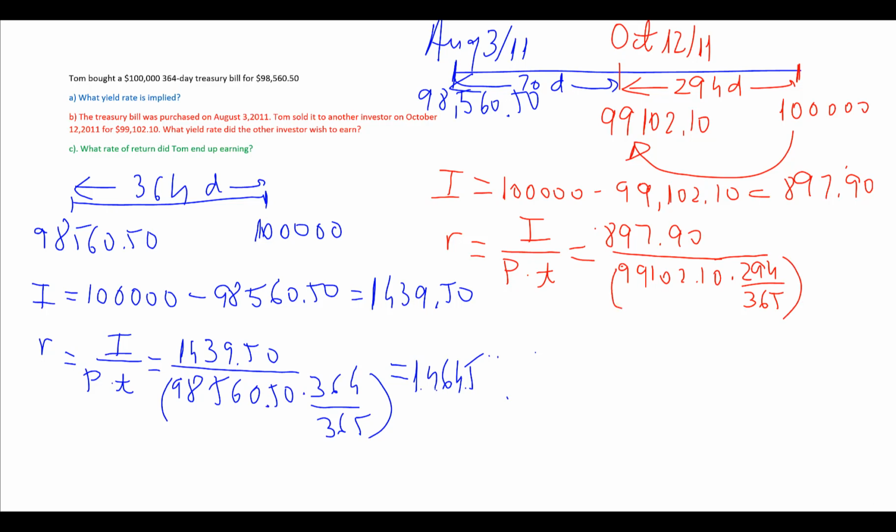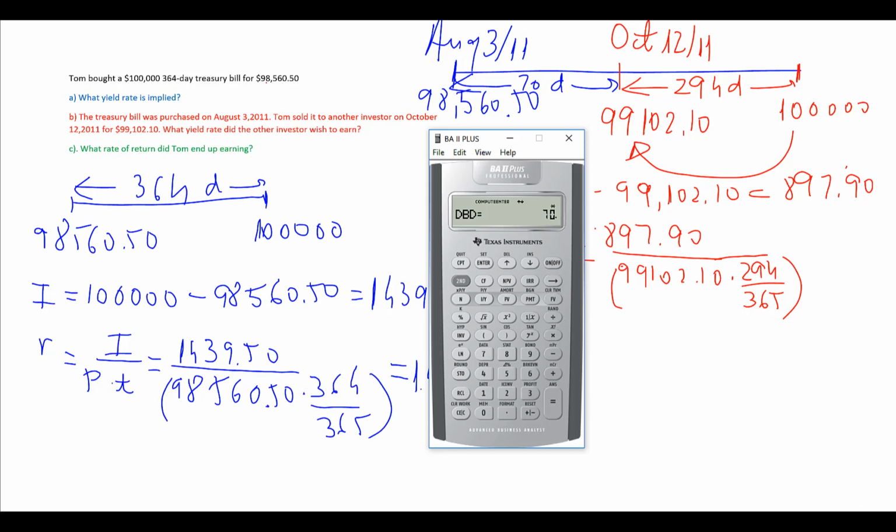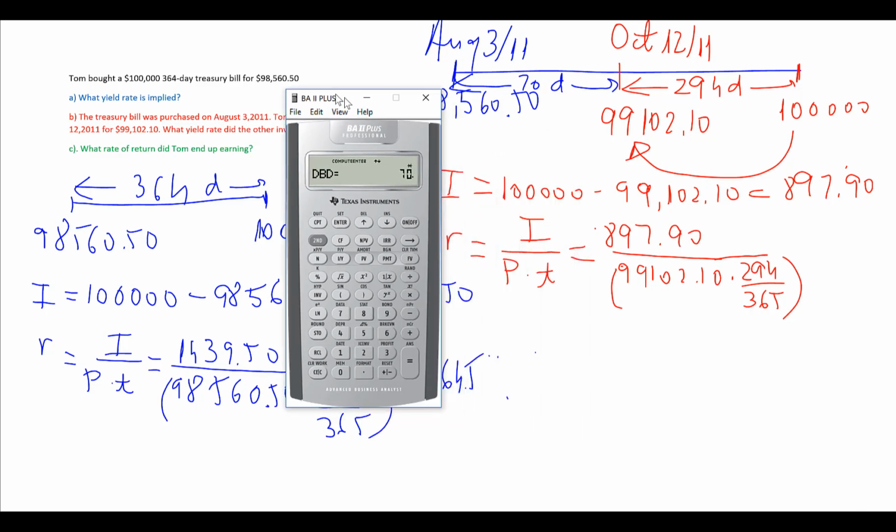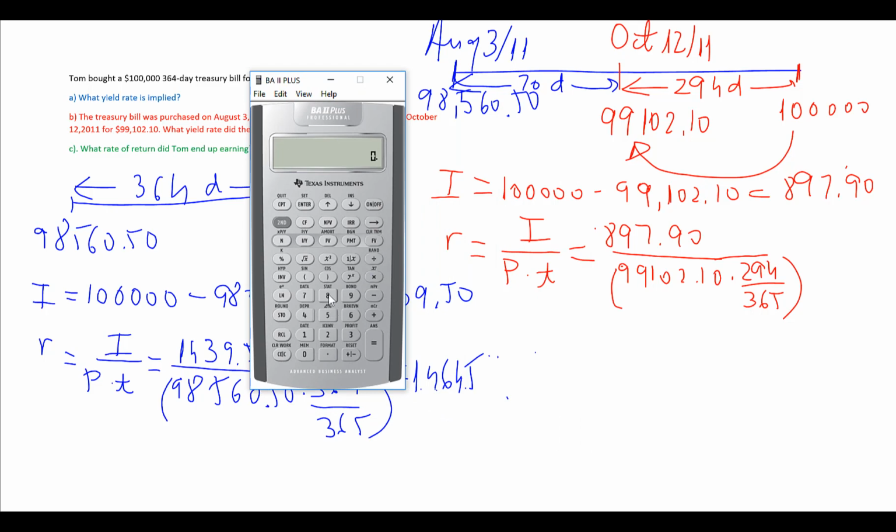So we have $897.90 divided by, we open bracket, 99,102.10 times 294 divided by 365. We close bracket, equal, and we multiply by 100 to have the rate expressed as percent.